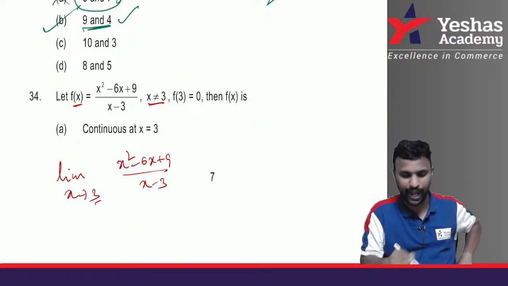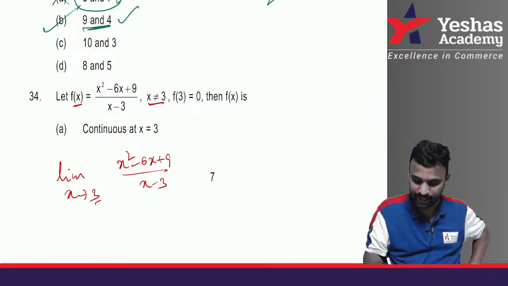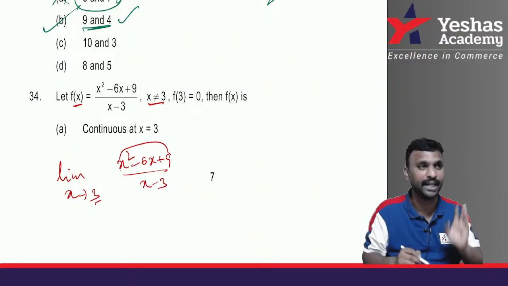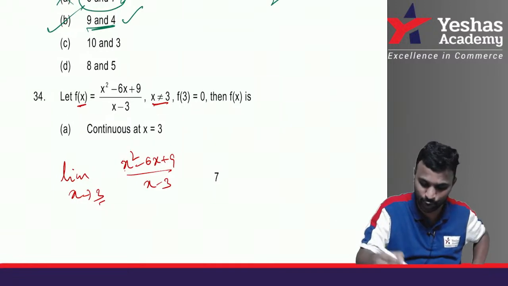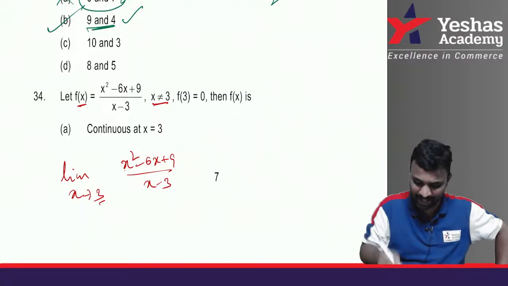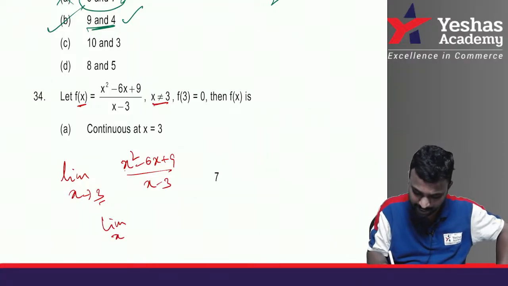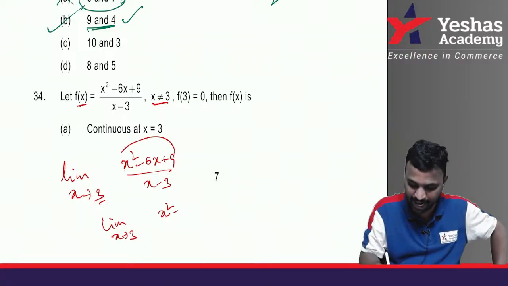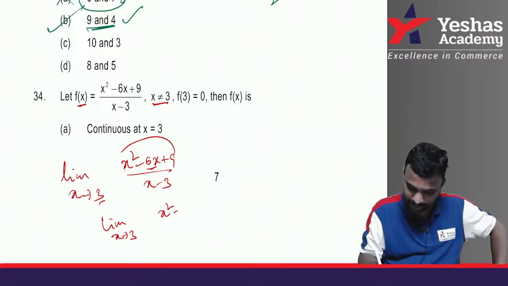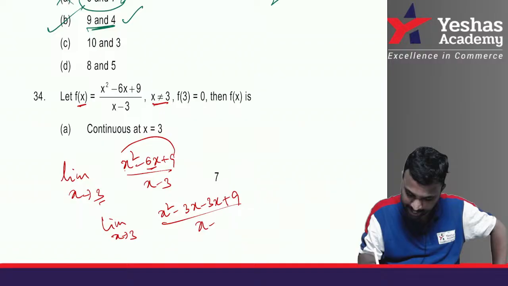Guys, when I substitute x as 3, what will I get? 3 square is 9, 9 plus 9 is 18, 6 3s are 18, 18 minus 18 is 0. You actually get 0 by 0. I told you, when you get 0 by 0, what to do? Factorize the numerator. How do you factorize the numerator? X square, 9 into 1 is 9. So what are the two factors so that by adding them you get minus 6x? Very good. Minus 3x, minus 3x, plus 9 divided by x minus 3.